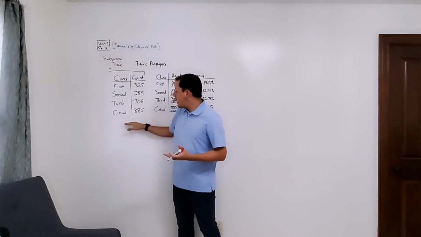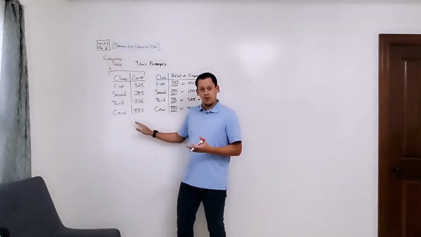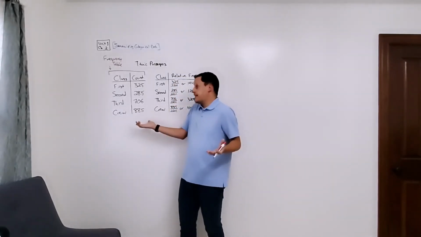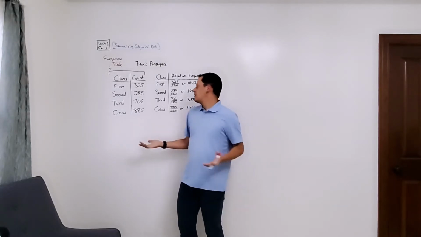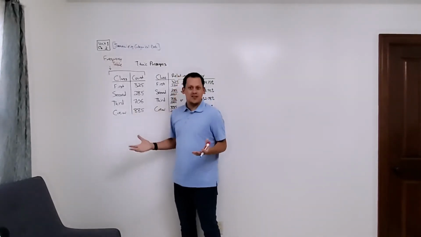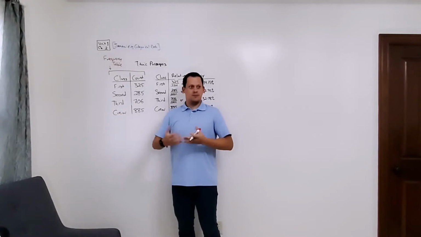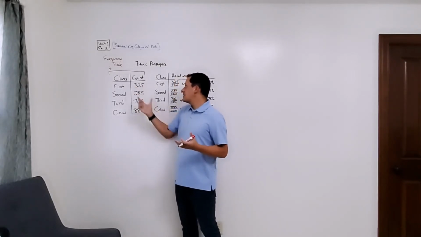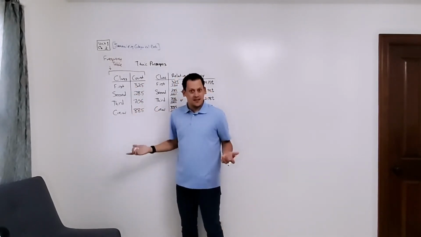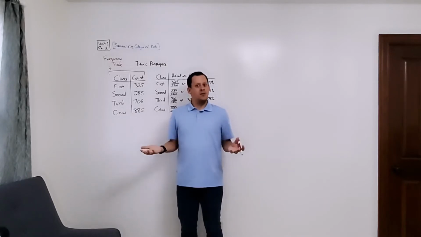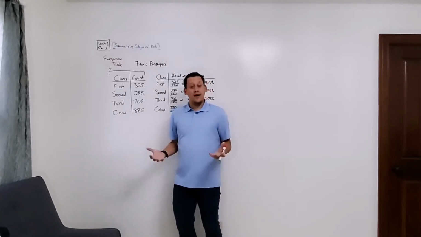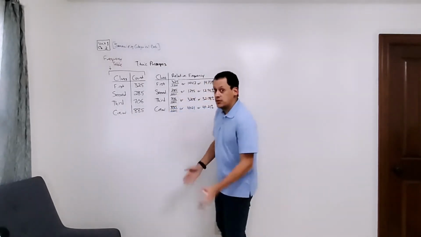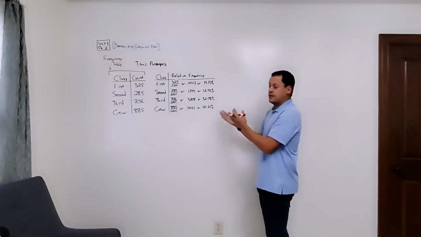I suppose we could have added a row for the total and put the total number of people here, but that's not in this table. We'd have to do that ourselves. So, what proportion of the ship's people were first class? Well, this table doesn't tell us that. It kind of gives us an incomplete picture.